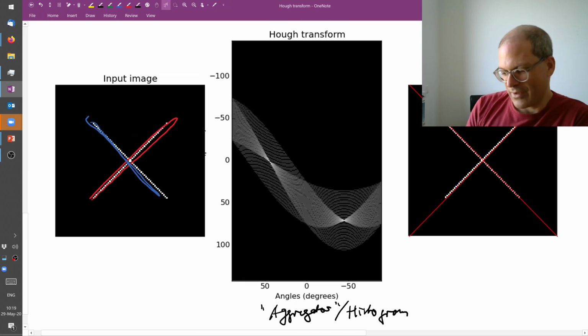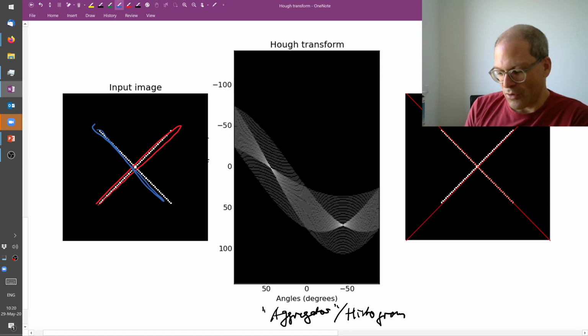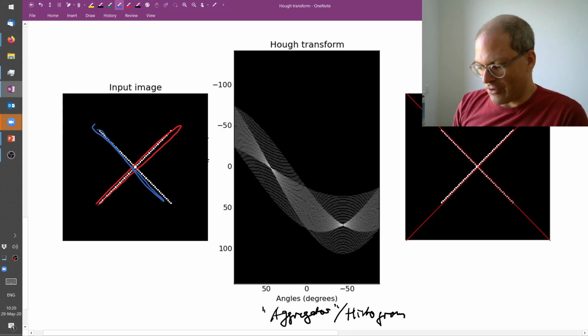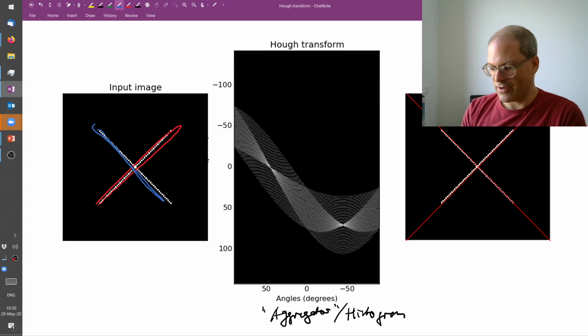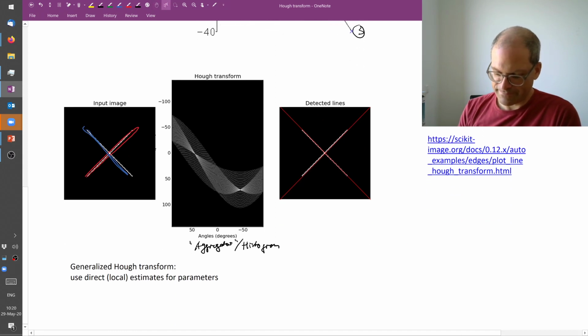But so, in this space, we find local maxima, and then these local maxima each translate, in the linear Hough-transform, to one line, which we can then project back to the image, as shown here on the right-hand side. And this is an example from scikit-image.